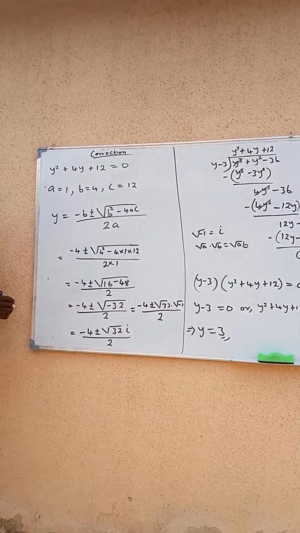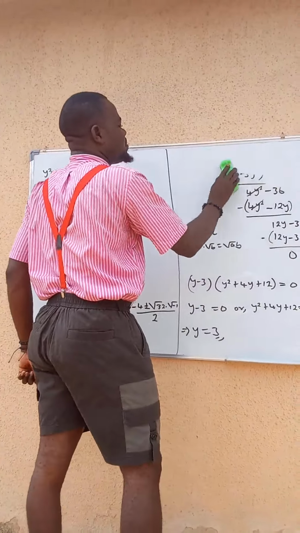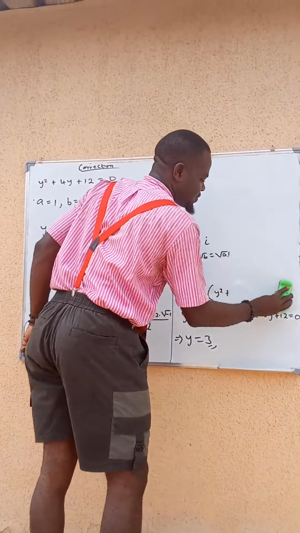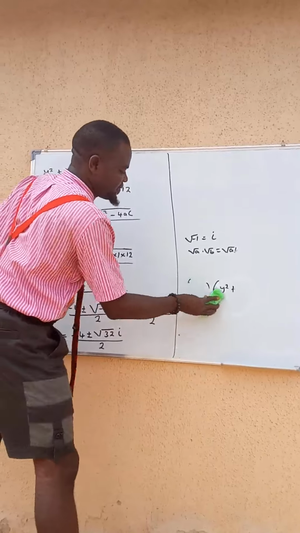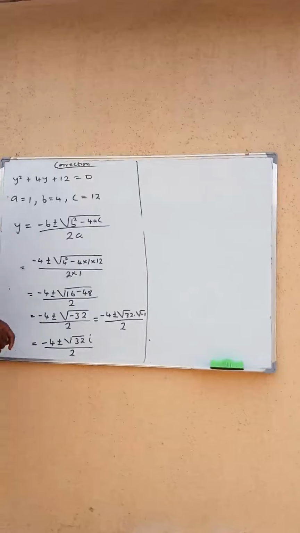So this is my value of y. I'll conclude this here. I'm just trying to explain in a way that it will be well understood.